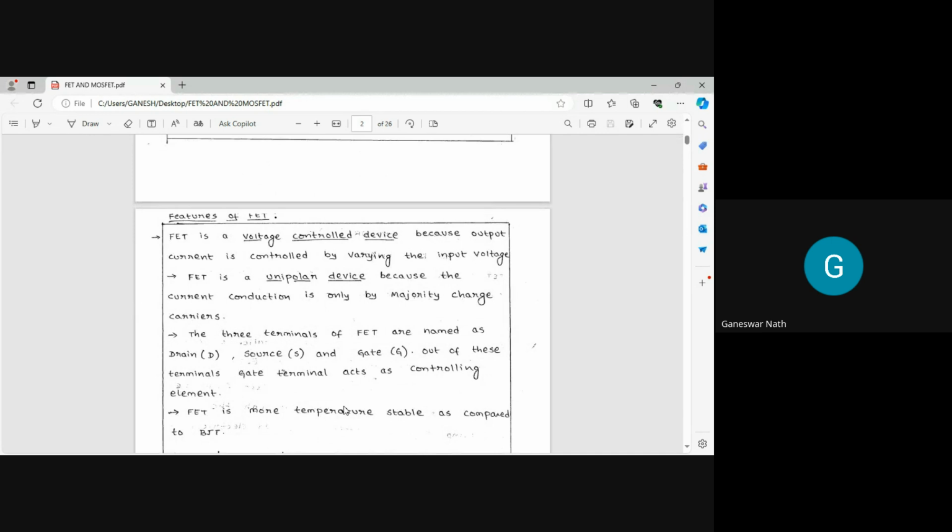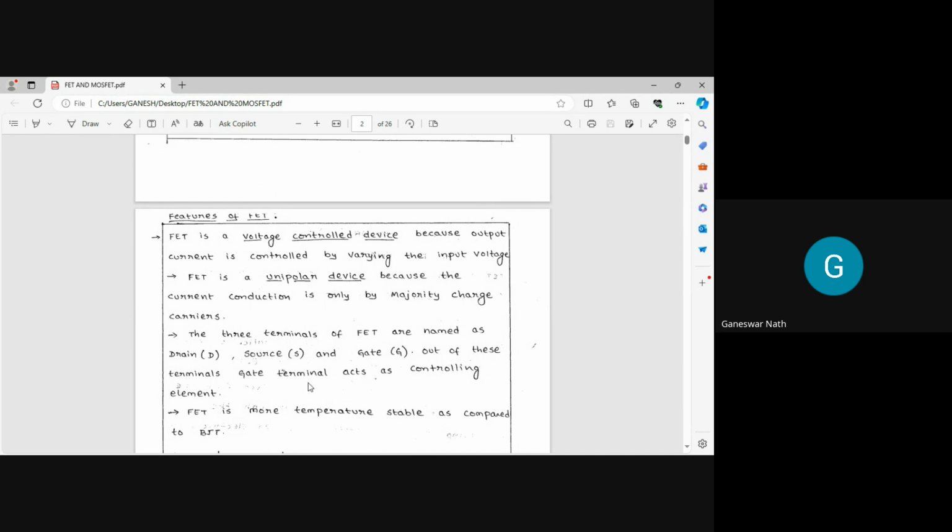The three terminals of FET are named drain, source, and gate, represented as D, S, and G. Out of these terminals, the gate terminal acts as the controlling element.